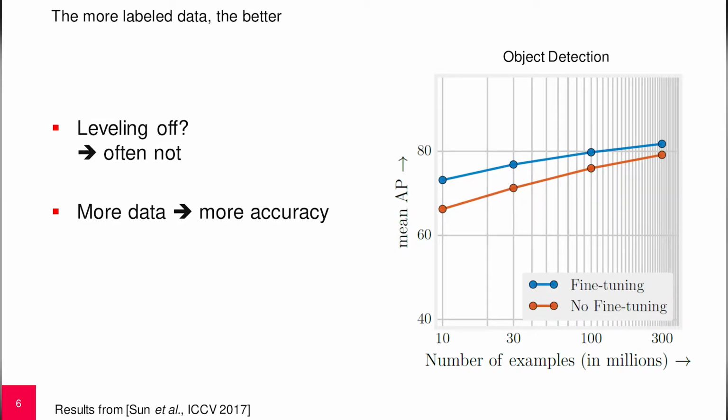And even though this plot is in log scale, so it's linear in log scale, meaning of course the increase in accuracy gets lower and lower, still, it's not leveling off. It's getting better and better, and even for different tasks, the same thing.